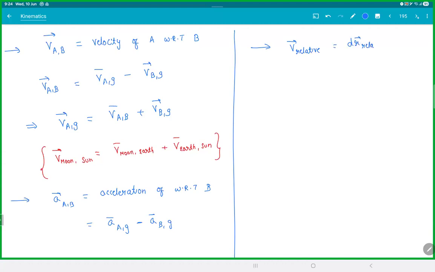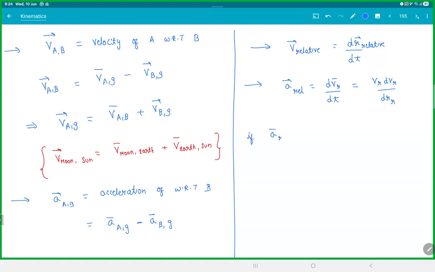So just add relative everywhere and you're done. Everything will be valid. If you take relative velocity and differentiate, you get relative acceleration. If you take relative position and differentiate, you get relative velocity. So a relative will be d v relative by dt. This can also be written as d v relative by dt, d r relative by dt. So just keep adding the word relative.